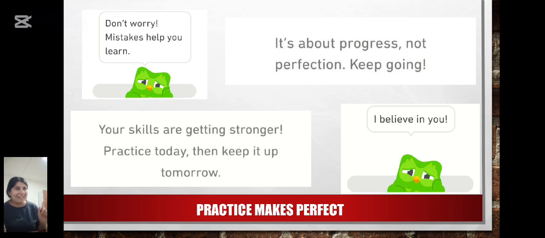Trust only yourself. Then it's about progress, not perfection. So keep going. There is always progress. Step by step, you will reach all your goals and please do not care about perfection. It will come, but after the progress.